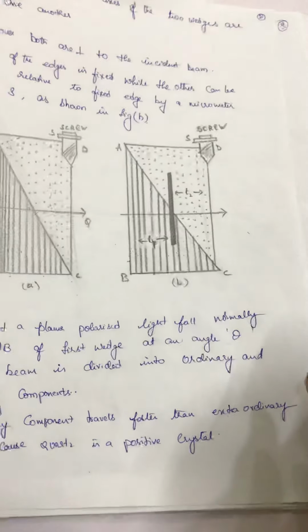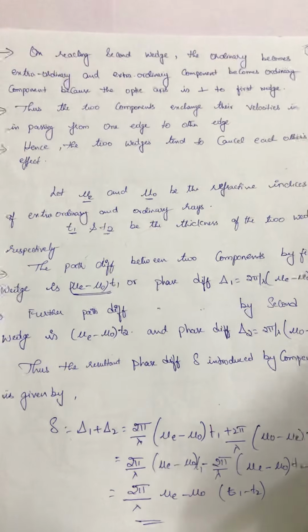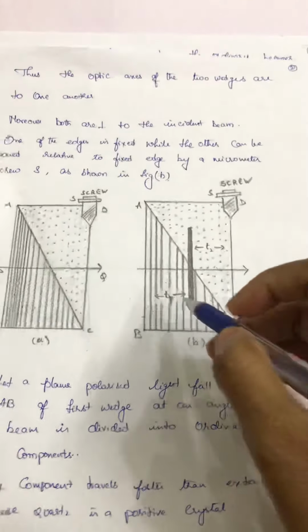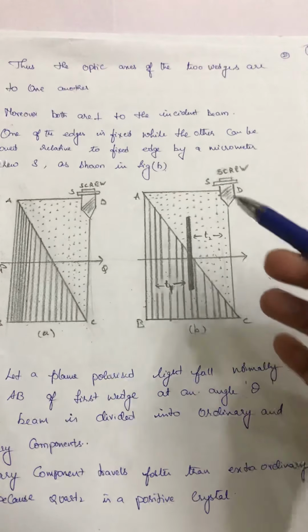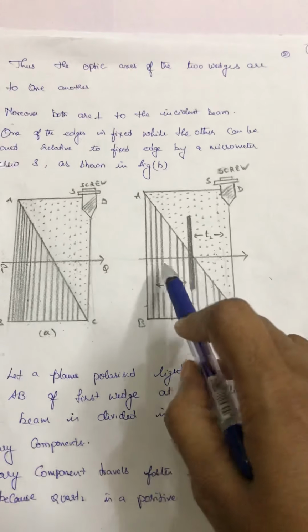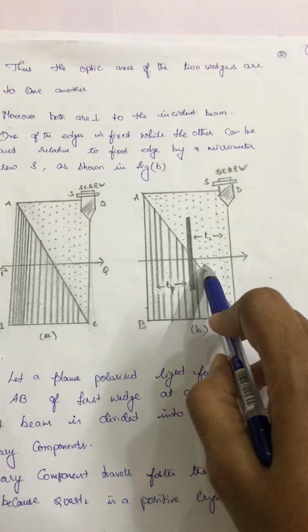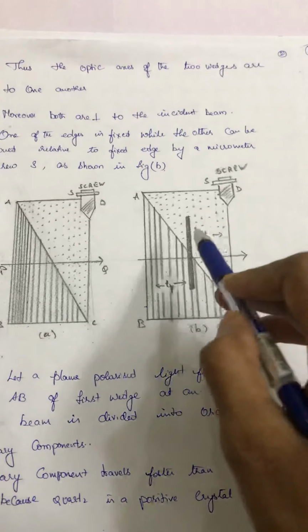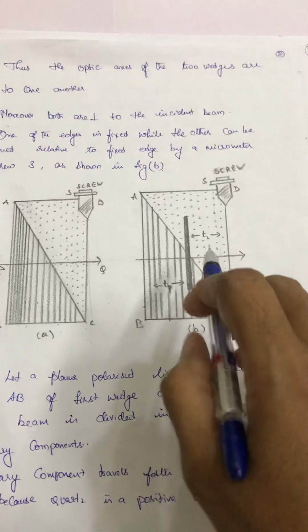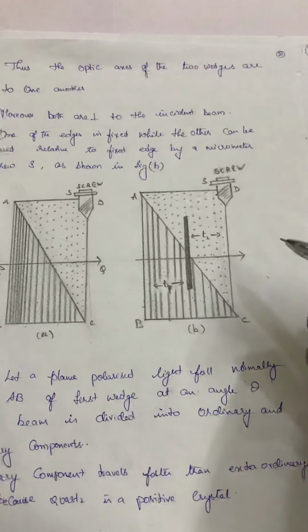Now what happens on reaching the second wedge? It is divided into two components. The ordinary ray travels faster than the extraordinary ray. Whenever it reaches the second wedge, the ordinary becomes extraordinary and the extraordinary becomes ordinary, so they change their roles.